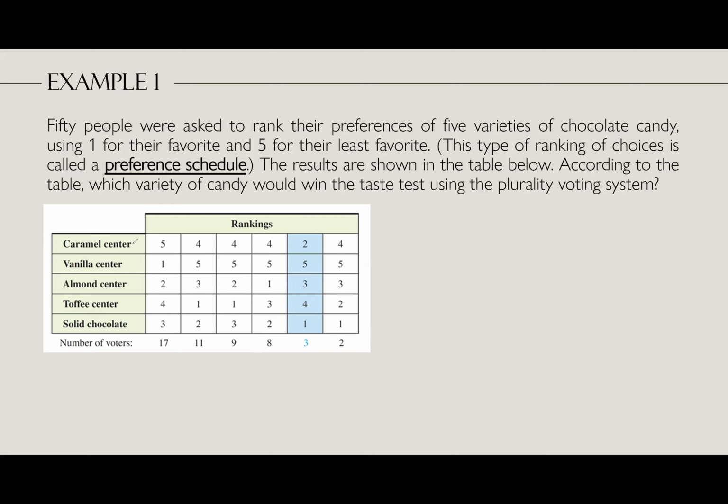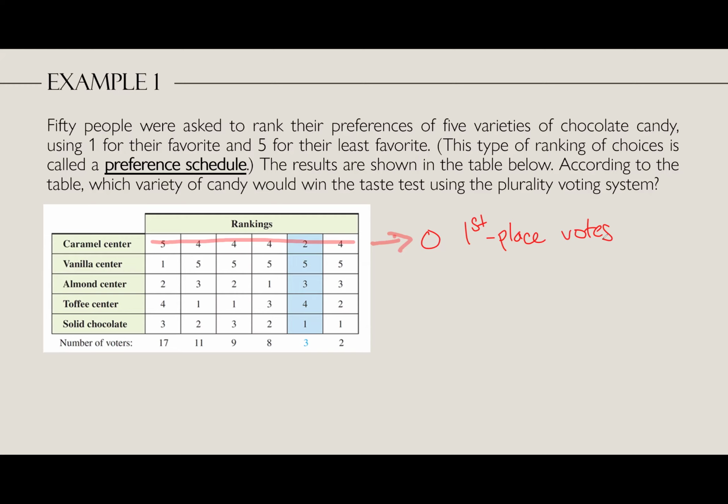In all of my scenarios for caramel, unfortunately for caramel, it looks like they didn't really get any first place votes. So it looks like we got 0. 0 first place votes. So just looking at, I'm guessing that caramel is not going to win this battle.